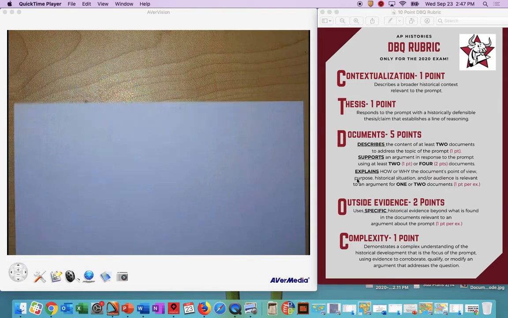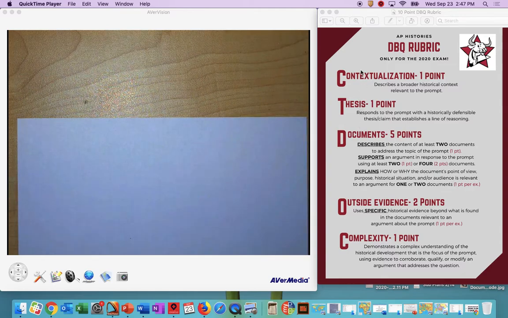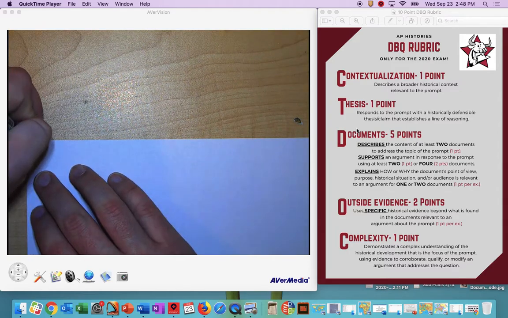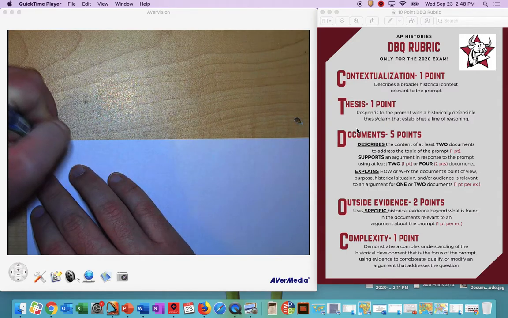So first, let's talk about these first 2 points on the rubric. Context is the first point on the rubric. So the contextualization.